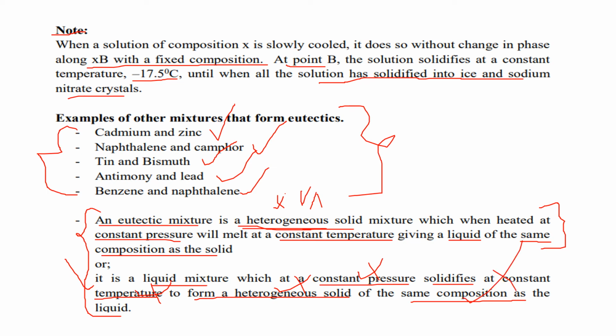So to wrap it up, a eutectic mixture refers to a liquid mixture which at a constant pressure solidifies at a constant temperature to form a heterogeneous solid mixture of the same composition as that of the liquid.